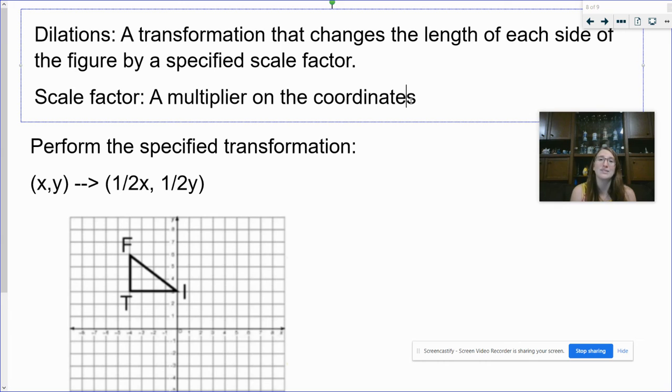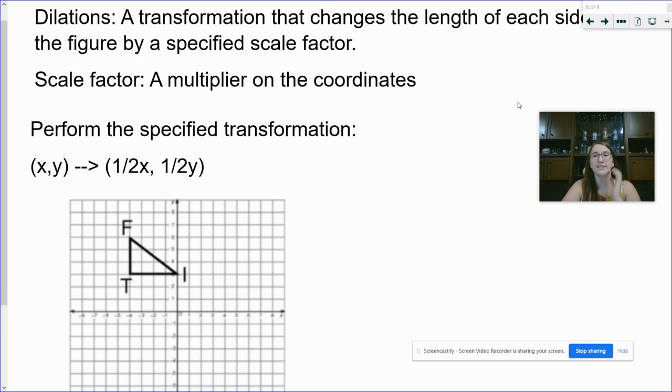Or if you're talking about scaling a photo, like if you're on Facebook or something, if I want to scale it by half, that means the scale factor is 1/2. It's what we multiply by to get our new figure. So this is going to cause the object to shrink or to expand. Those are both considered dilations, getting smaller or getting bigger.